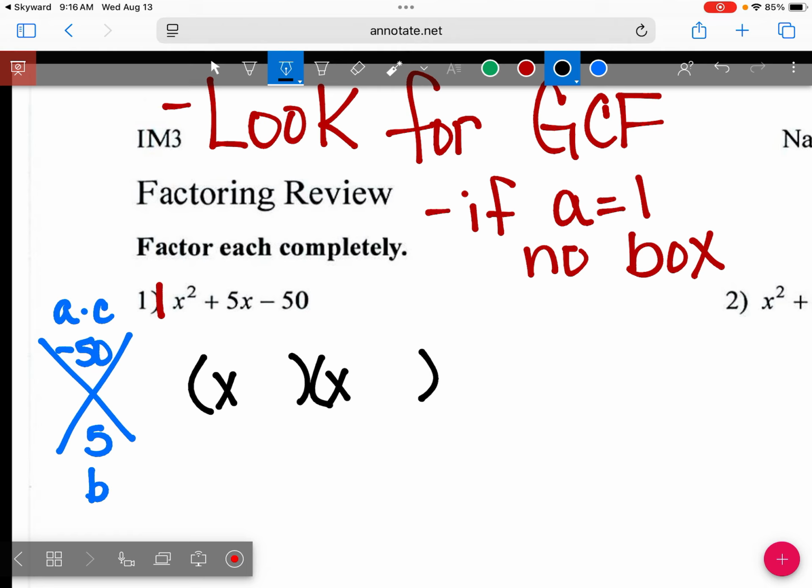All right, what's my numbers? Negative 5 and 10.